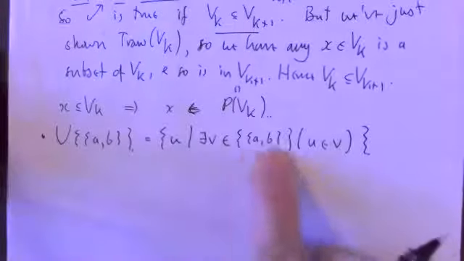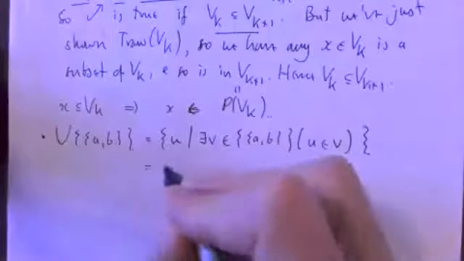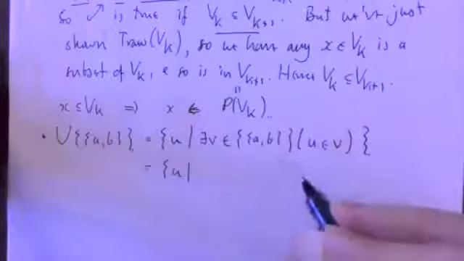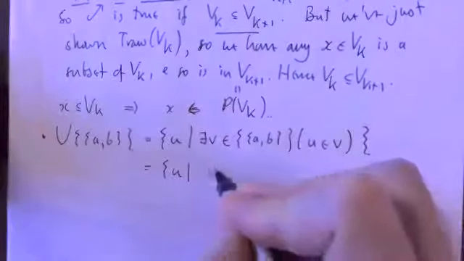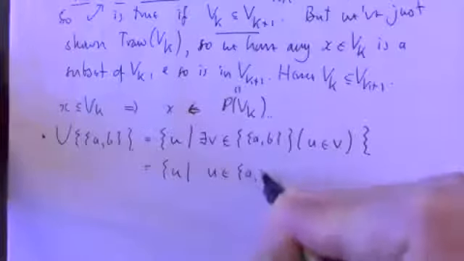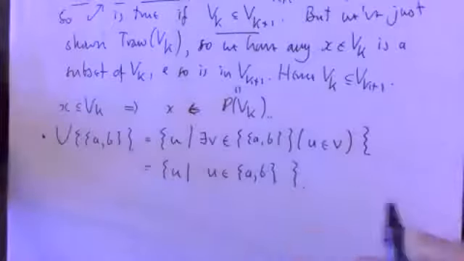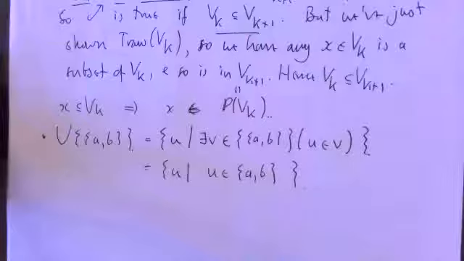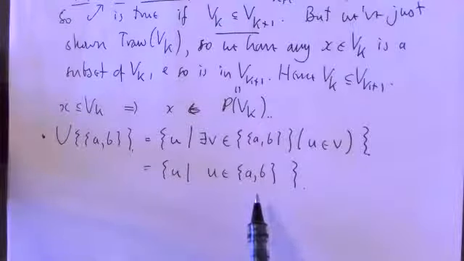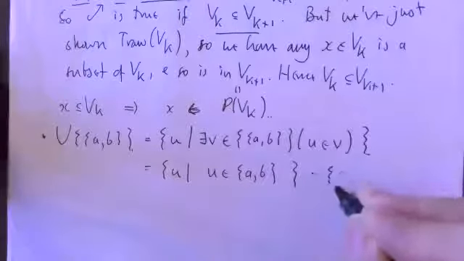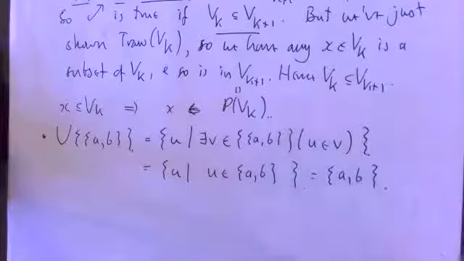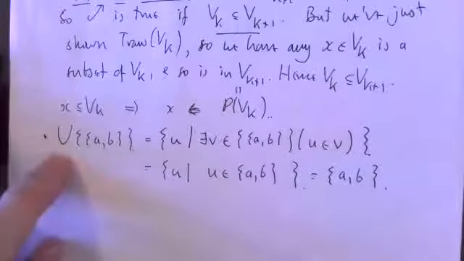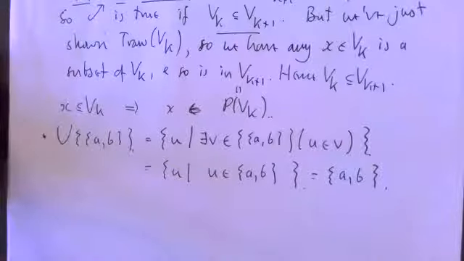V can only be one thing, this set AB, so that U is a member of AB. It's the only thing we have to worry about in this particular union. But now you can see this means U is A or B. So I can think of the big union as just stripping off one layer of outer parentheses here.